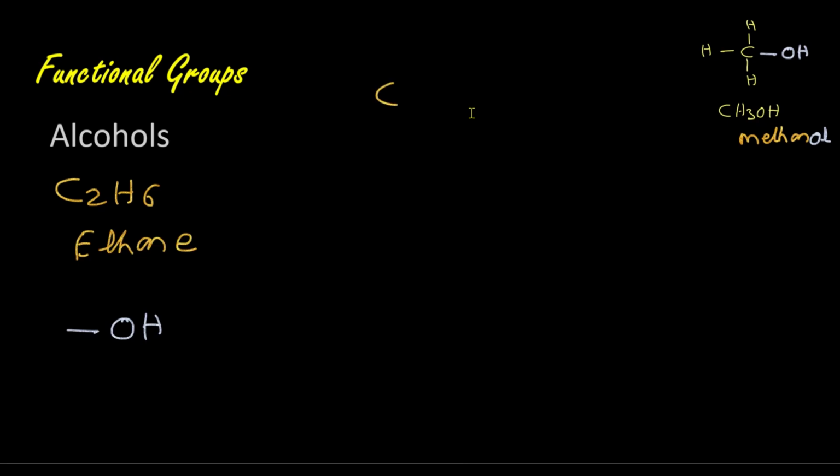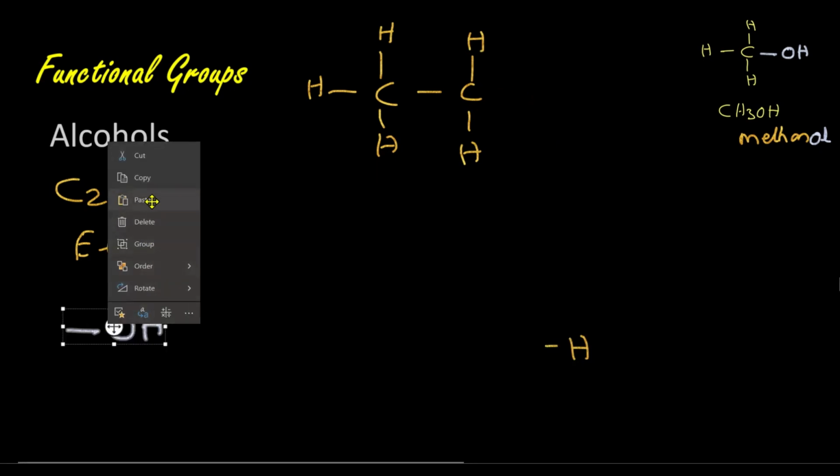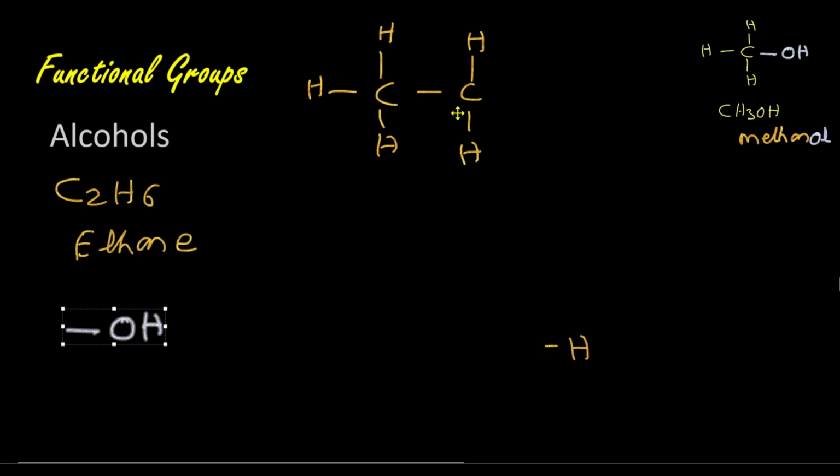And if I have to draw its structure, with two carbon atoms, the first carbon atom is bonded with three hydrogen and the last also with three hydrogen. Now, same as the previous case, if I displace this hydrogen by this OH as the functional group, I'll take a copy of this and paste it over here. Now check. So what are the things that are going to change here?